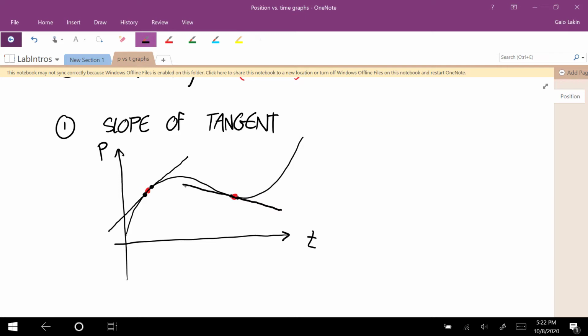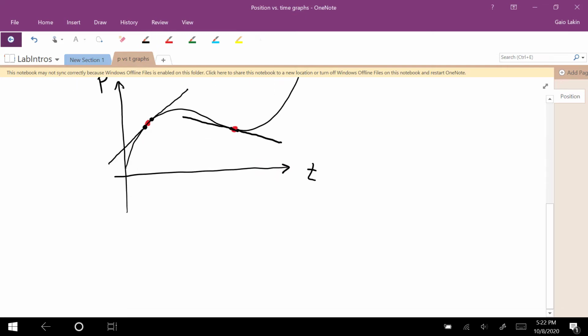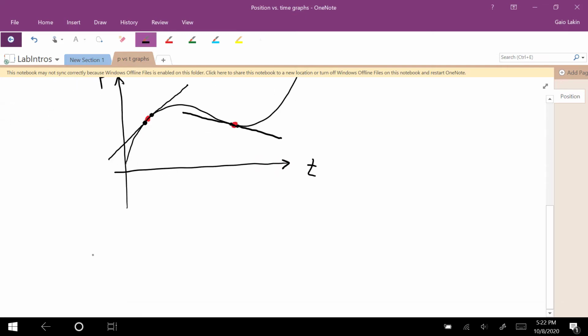And for interpreting these slopes, remember that if you have a line that's like that, that's a positive slope. If you have a horizontal line, that's a zero slope.